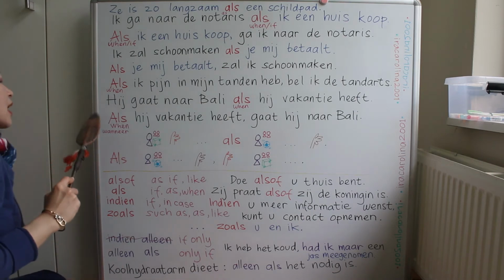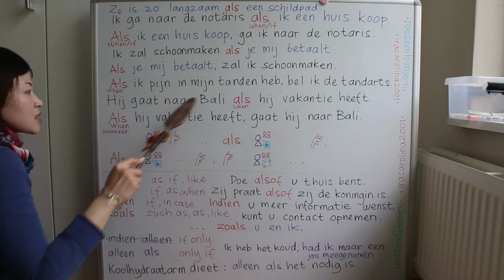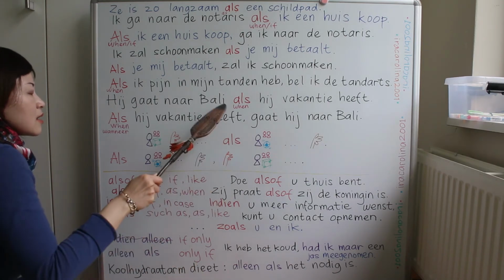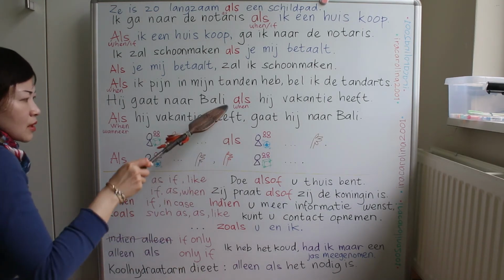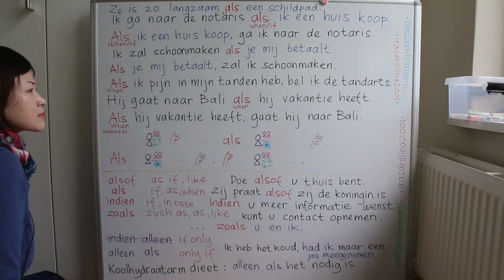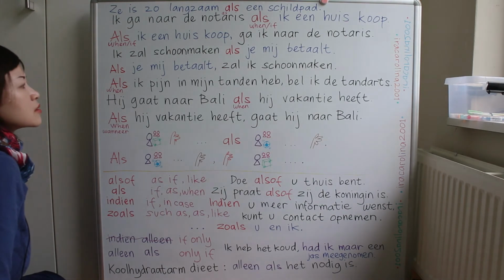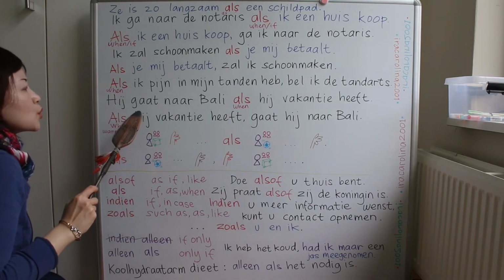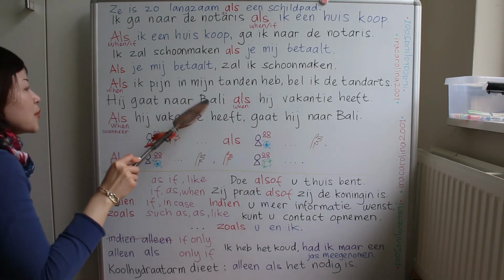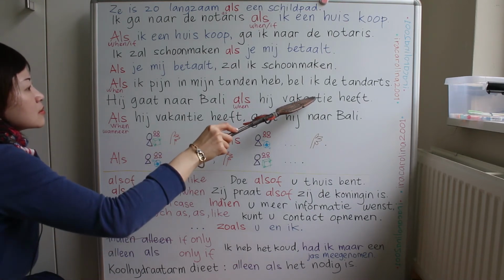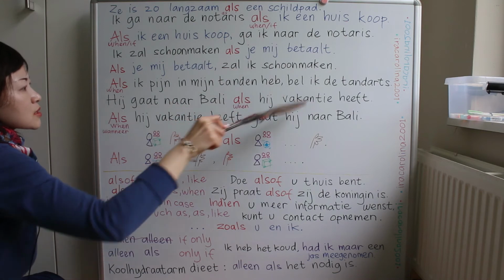This one. Hij gaat naar Bali als, when, hij vakantie heeft. He goes to Bali when he has vacation.